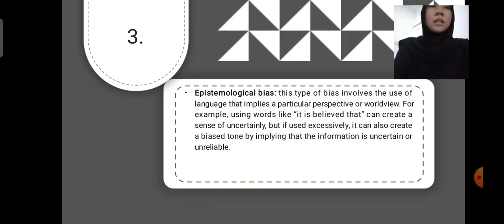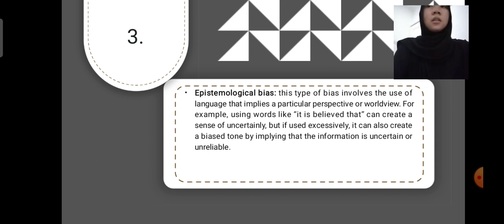Okay, and the next feature is epistemological bias. This type of bias involves the use of language that implies a particular perspective or worldview.